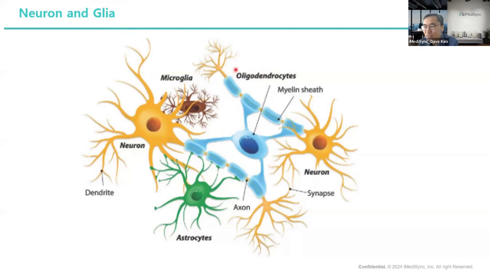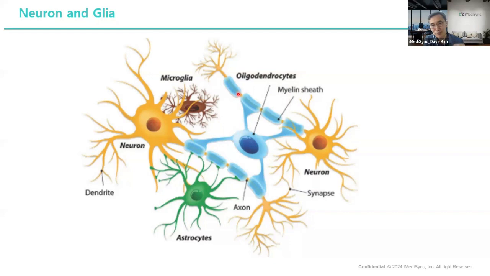Glia is the supporting structure of the neuron. You can see the neuron's long axon, dendrites, and cell body. The neuronal axon is covered by myelin, which is very important for information processing between two different neurons.